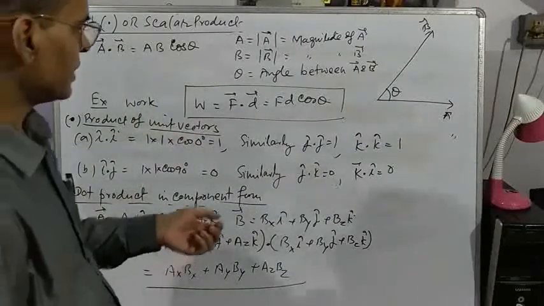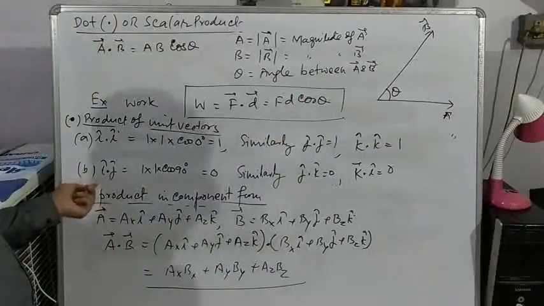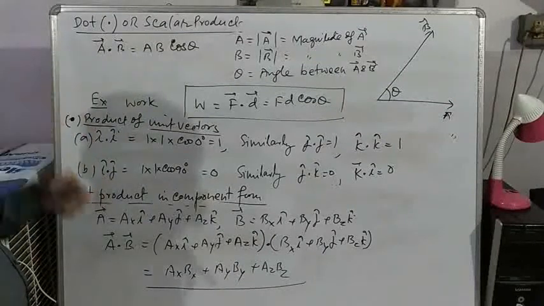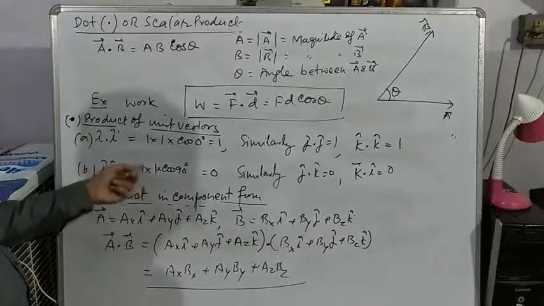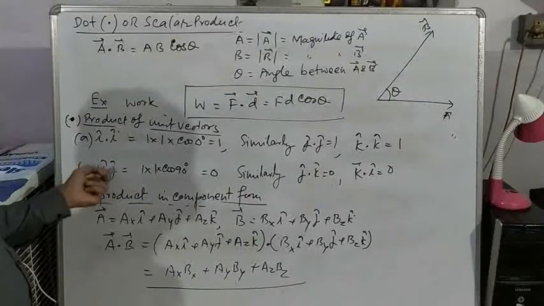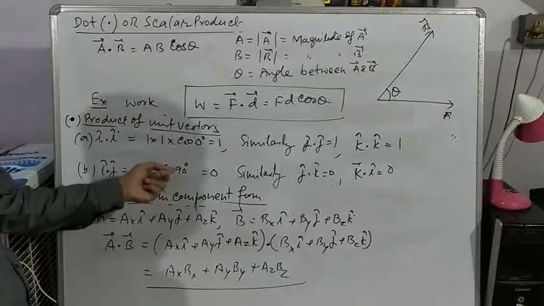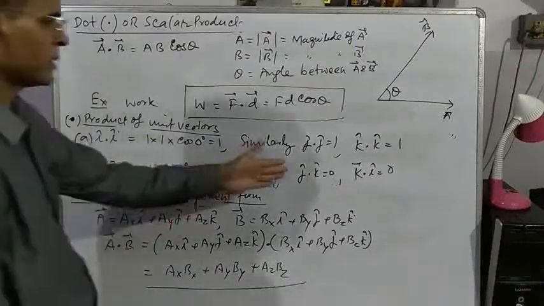Similarly, you can find j dot j and k dot k. Now i dot j. Again think about that formula. Magnitude 1, magnitude 1. i along x-axis, j along y-axis. So the angle is 90 degree, and cos 90 is 0. So i dot j is equal to 0. Similarly this.